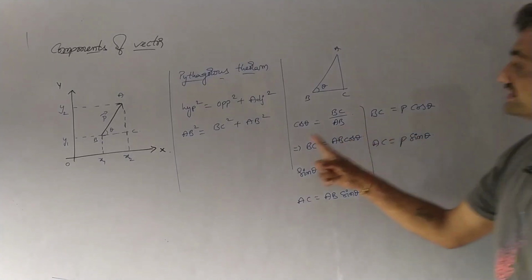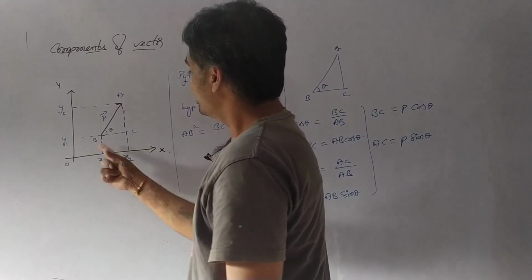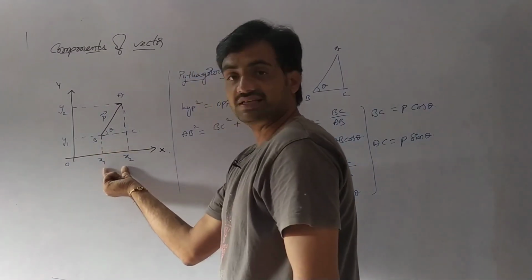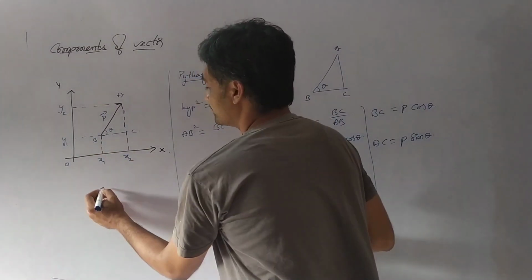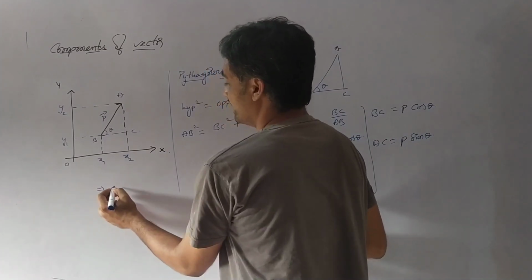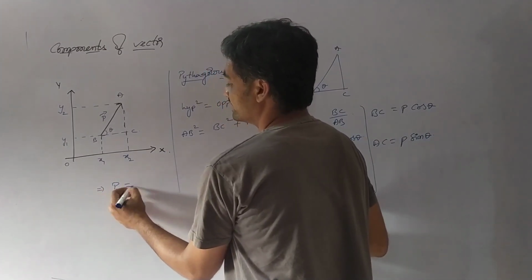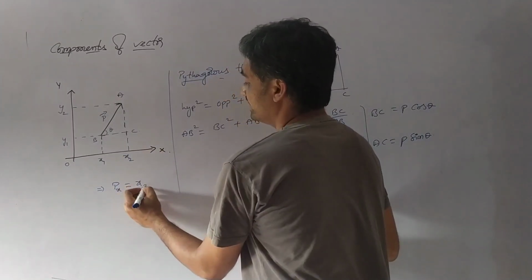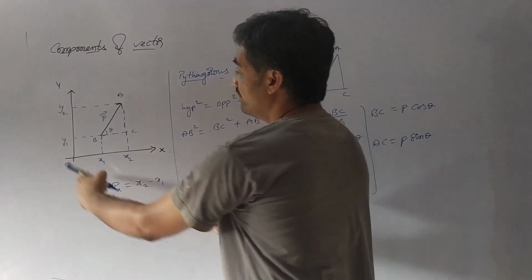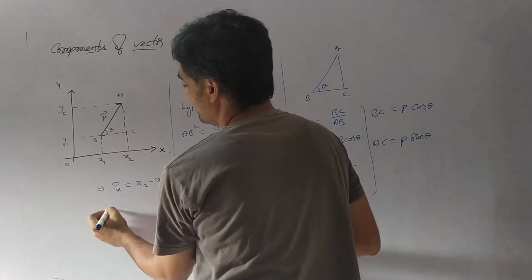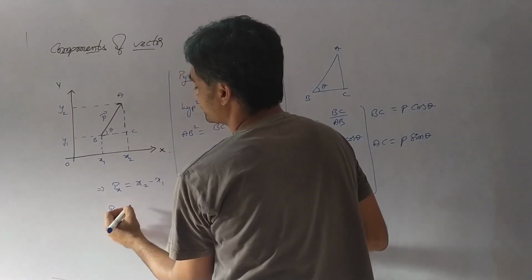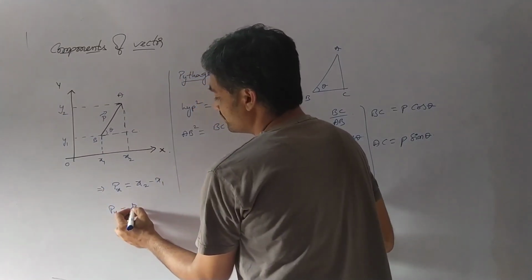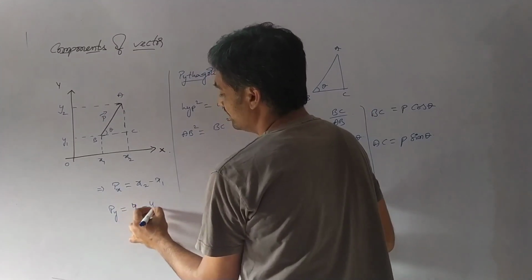Now BC is nothing but the vector along the x-axis, x2 minus x1, which is represented as P suffix x. Along the y-axis we represent it as P suffix y, where P suffix y equals y2 minus y1.